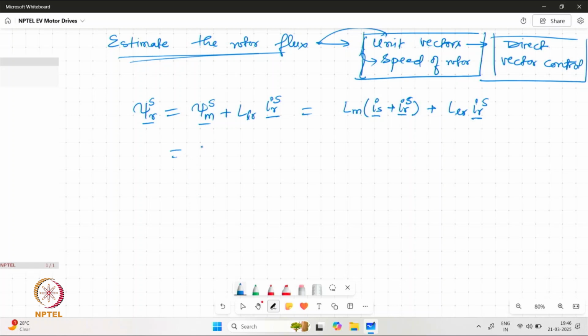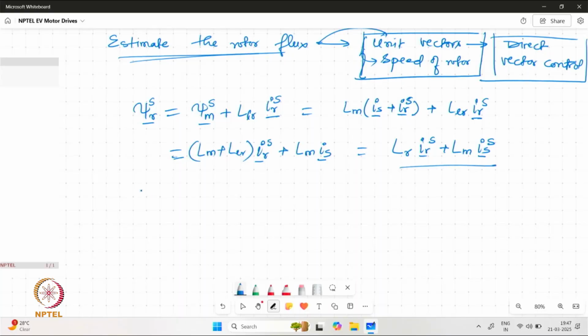This can be written as, Ir can be segregated, which eventually can be written as Lr. Now, while trying to realize the value of rotor flux, we again cannot have the measurement of the rotor current.